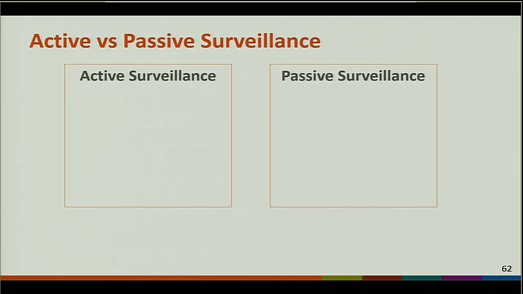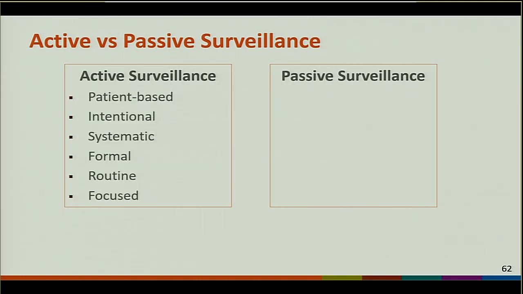So we require that facilities use a post-discharge process that is active and patient-based. Active surveillance is a patient-based process that is intentional, systematic, and focused with the aim to identify and detect SSI events. The process is structured to foster two-way communication with the patient, the surgeon, and medical staff, and other facilities.